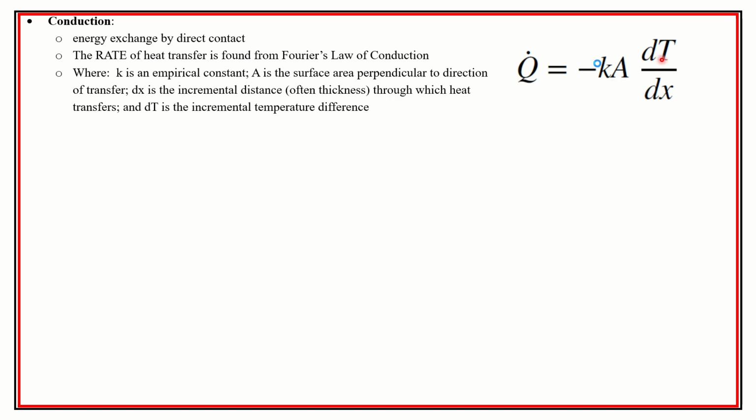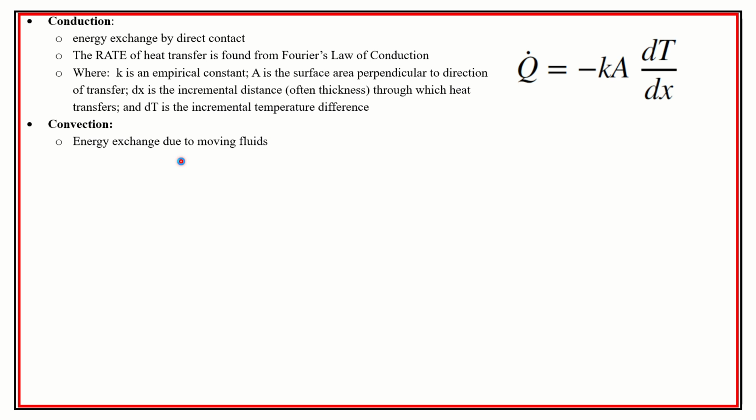And then there's the temperature difference. As you go through something thick, the temperature might change with position, which is why it's up here. Quite often we simplify this by using just the temperature difference between each side of the thickness of the part.